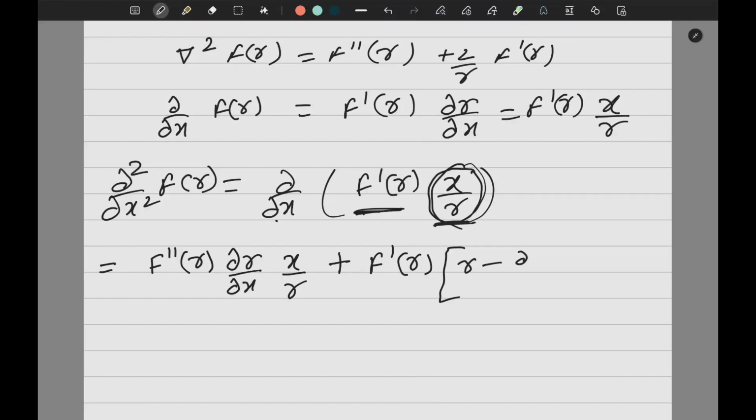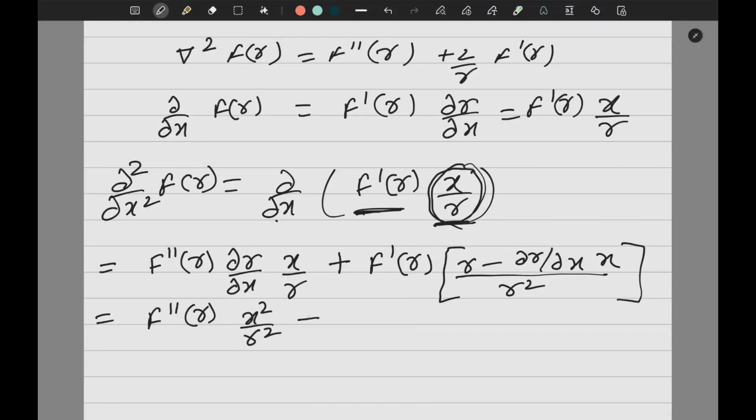So r minus dou r by dou x into x upon r square. Correct me if I am wrong, right? Now let us put the value. It is x by r, so x square by r square it will become plus f dash r into r square minus x square upon r cube.